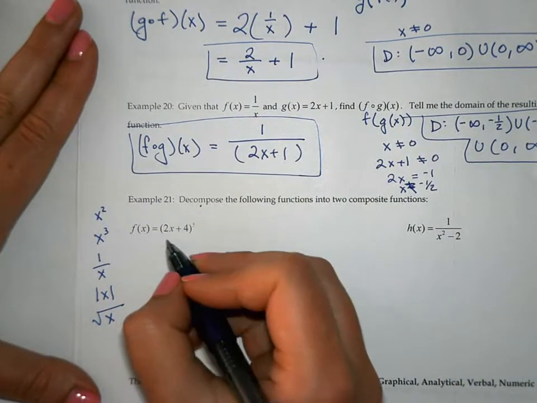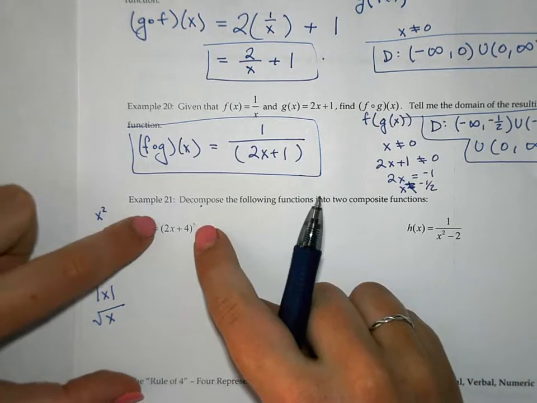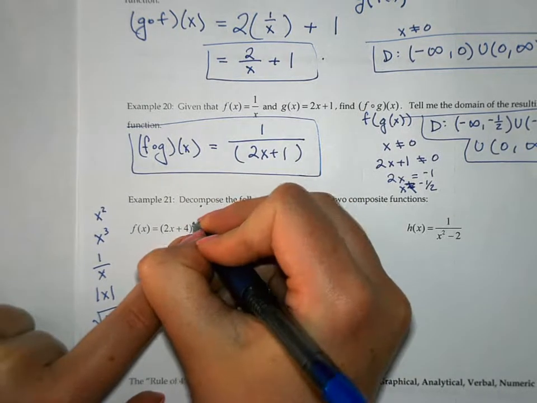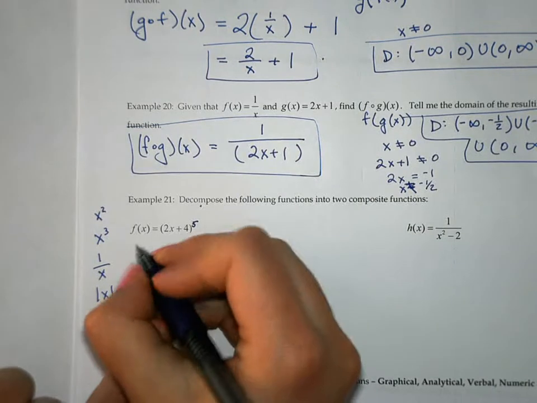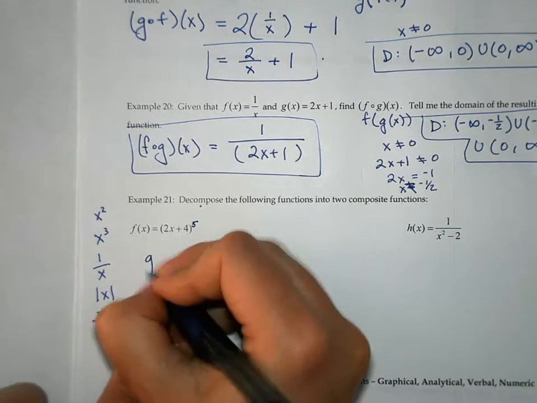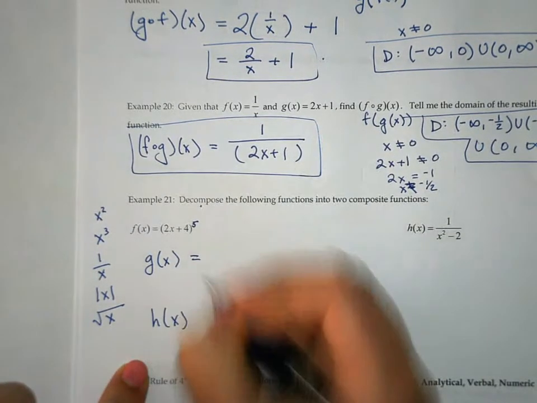So as I'm looking at the f of x here, I want to say what's the main overall shape, or perhaps what's the outermost function that I see happening. This is really faint, but there is a parentheses with something to the fifth. So one way you could say this is, if I want to have two composite functions here, let's say I want a g of x and an h of x.